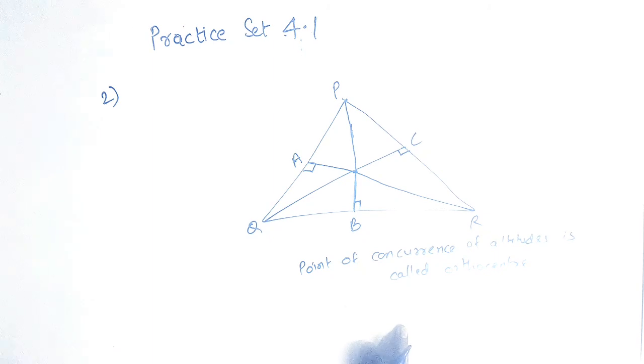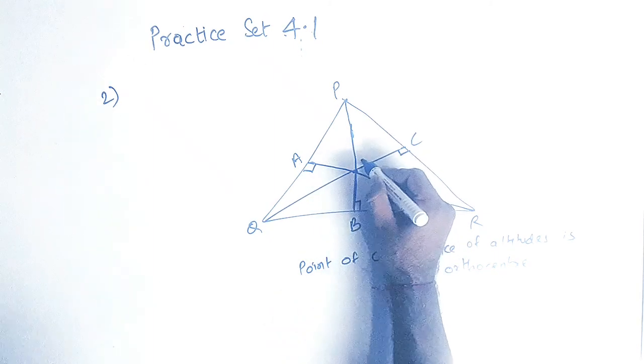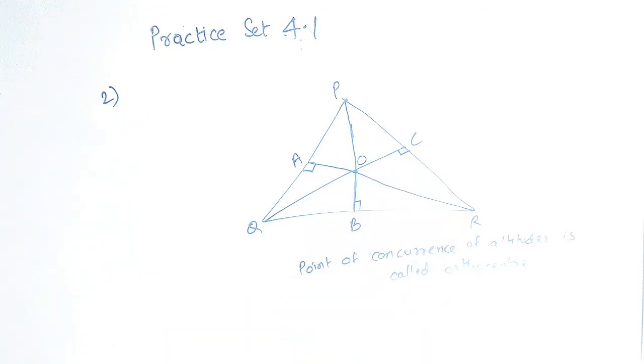They have told us to denote the point of concurrence as O. So I am writing here O. O is the point of concurrence of these three altitudes. Then sum number 3.